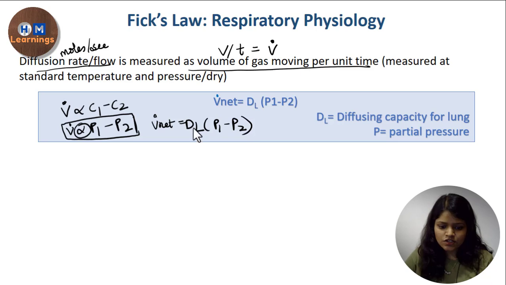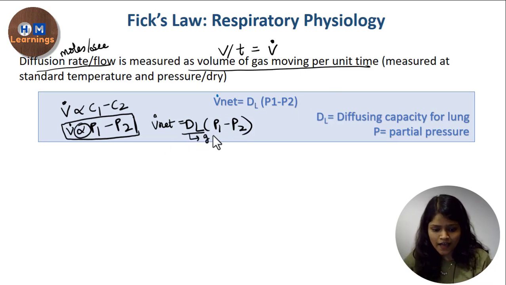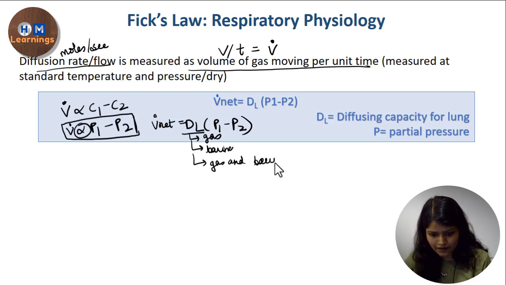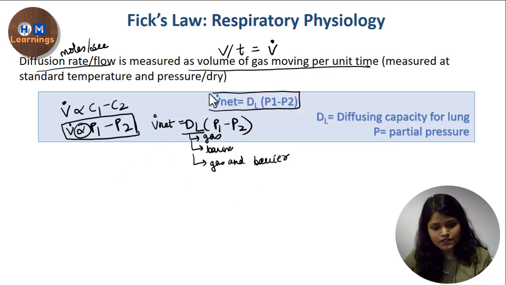What is the diffusing capacity of the lung? It is definitely going to consider the property of the gas, of the barrier, and how the gas and the barrier interact with each other, and we will discuss this in the coming slides. So this is the overall Fick's law which is used in respiratory physiology.